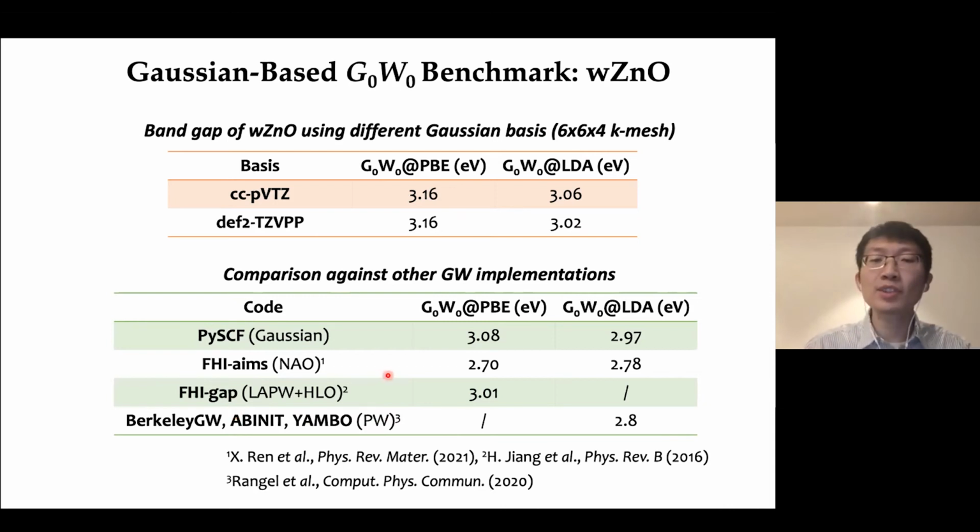And when comparing the zinc oxide band gap, our Gaussian-based GW method has the best agreement with this LAPW plus HLO method, where we find that our GW at LDA band gap is around 0.2 eV larger than NAO-based and plane wave-based GW methods.